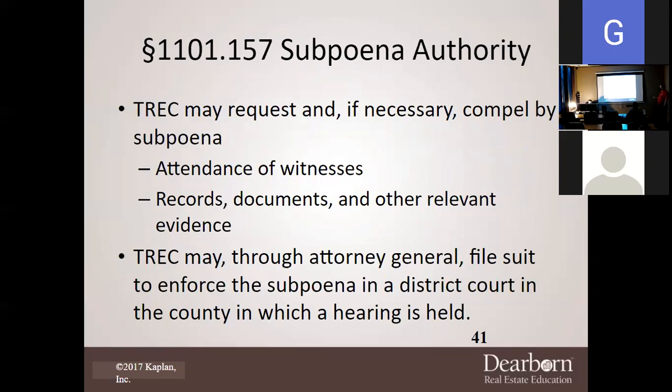TREC may, through, and this is very key here, the Attorney General, not TREC, but the Attorney General can file suit to enforce the subpoena in a district court in the county in which the hearing is held. So TREC themselves are not attorneys, and since they're not attorneys, they have to rely on the Attorney General to file suit on their behalf to enforce the subpoena, okay?